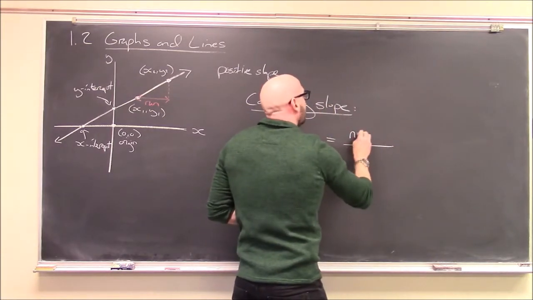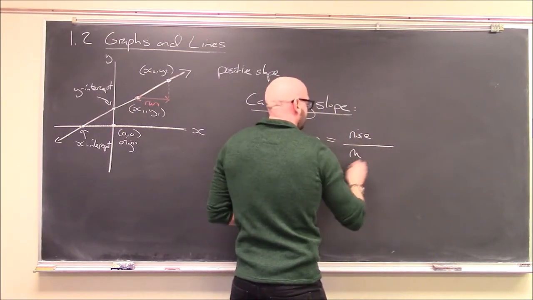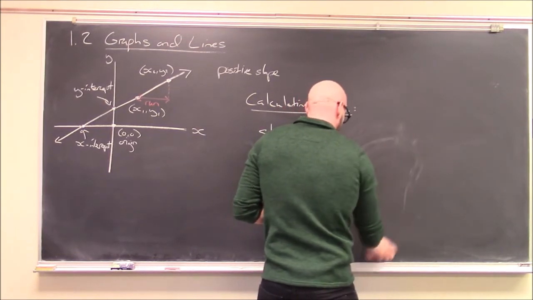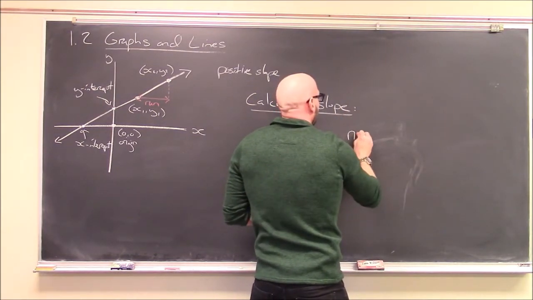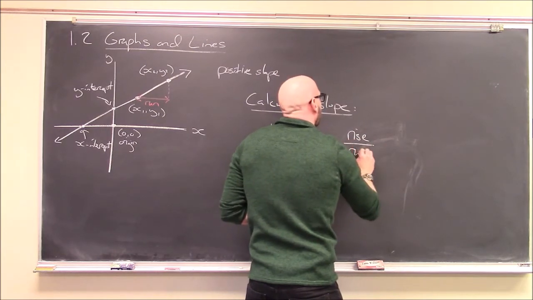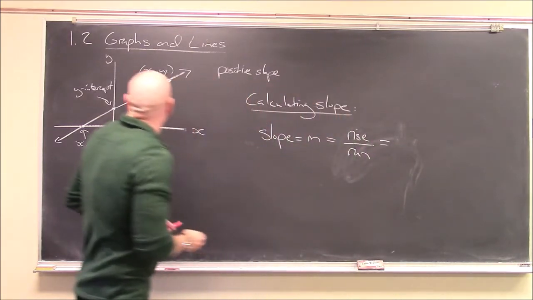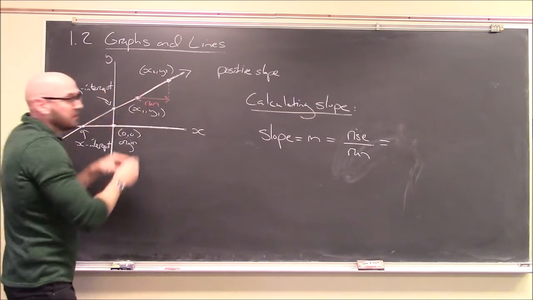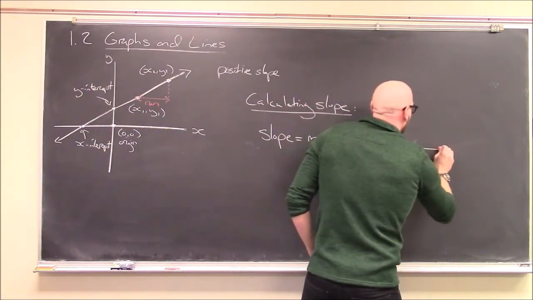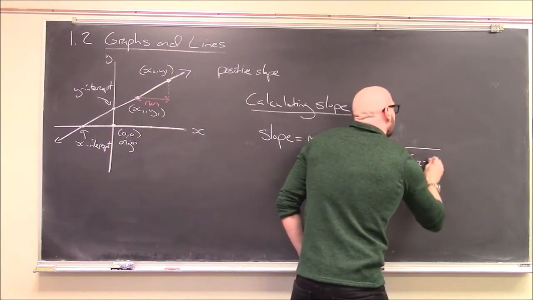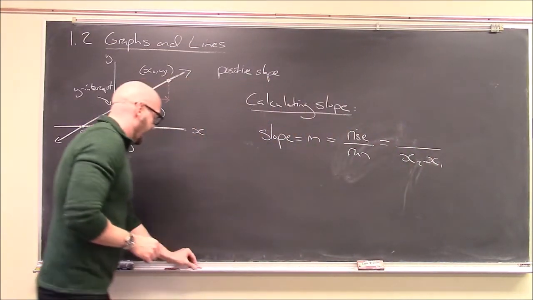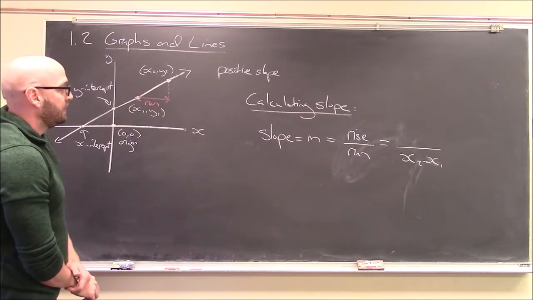So we're computing rise over run. Well, as we can see, the run, the change in the x coordinates, would be x2 minus x1, right? So on the bottom here, I'm just doing the denominator first, x2 minus x1. And on the top, we've got the rise.